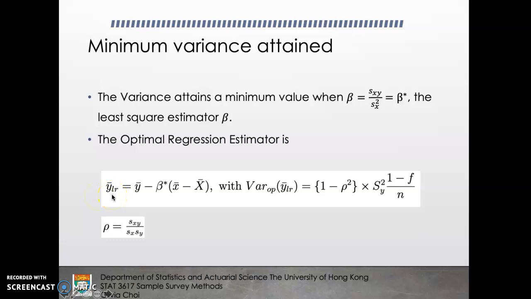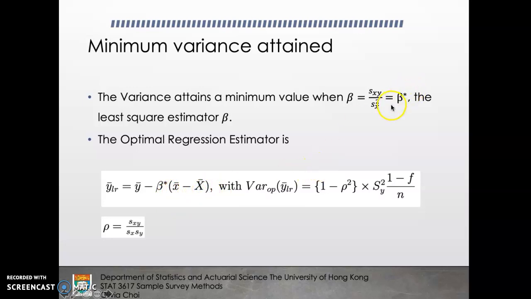So now the population y bar could be estimated by our sample y bar minus beta, whereas beta equals beta star, that is sxy over sx square, multiplied by the difference between the sample x bar and the population x bar.